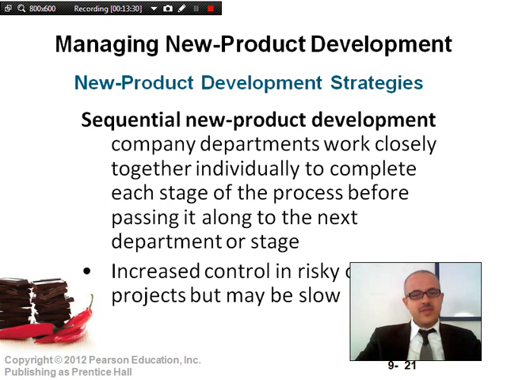Sequential new product development. Companies develop departments that work closely together, individually completing each stage. So you want every part of your company to work on this process together. One department will take care of this before moving it to the next department. Increasing control is risky, and complex projects may be slow.